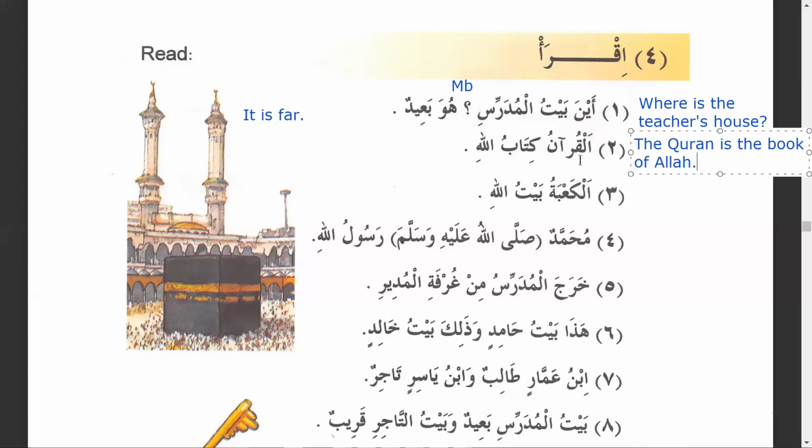Now, can you find mudaf ilayh in this one? Mudaf ilayh is Kitabullahi. Excellent. So, yes, mudaf and mudaf ilayh are these. Okay.